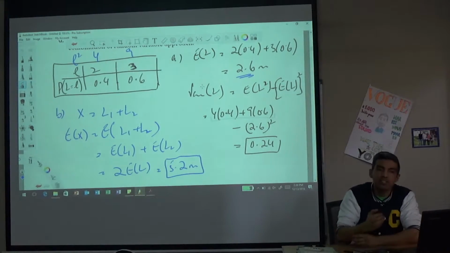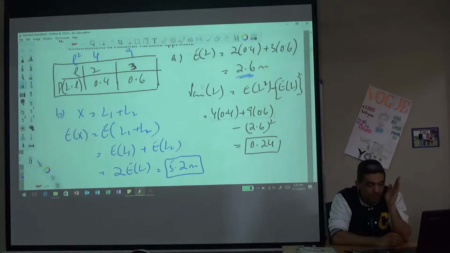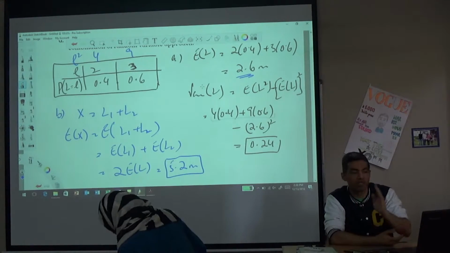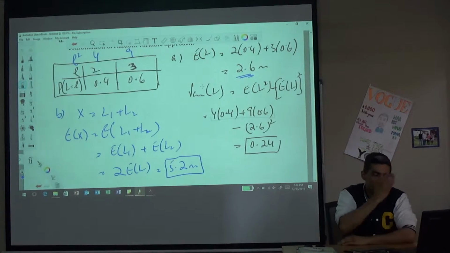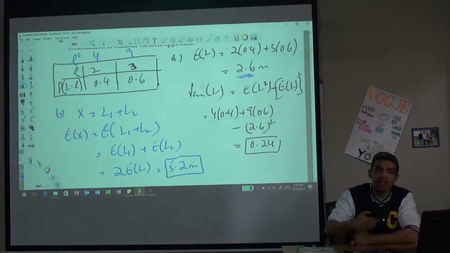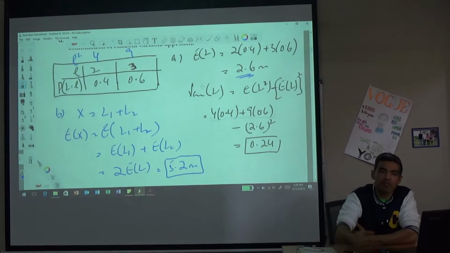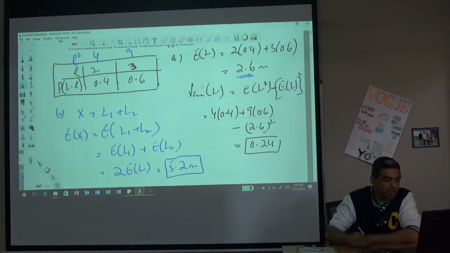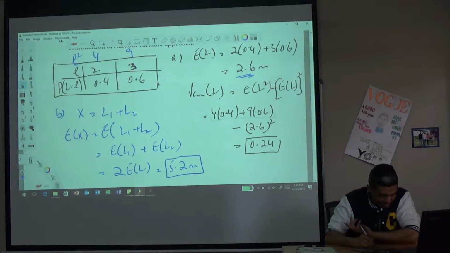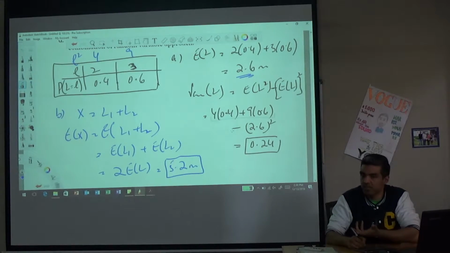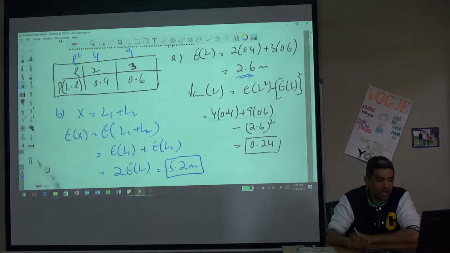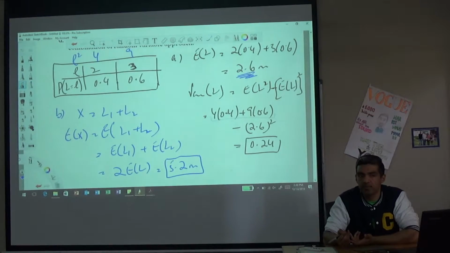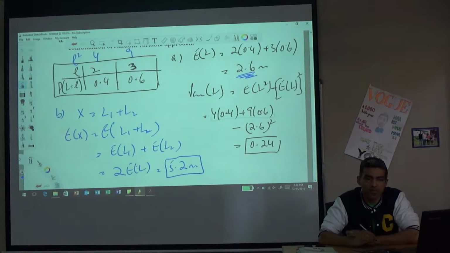They're just two instances coming from the same random variable. That's why I'm labeling them L1 and L2, not X and Y, to remind us that they come from the same random variable L, the length of the rod. So the expected value of L1 plus L2 is the expected value of L1 plus the other one. As both are equal to 2.6, it's like 2 times the expected value of L.